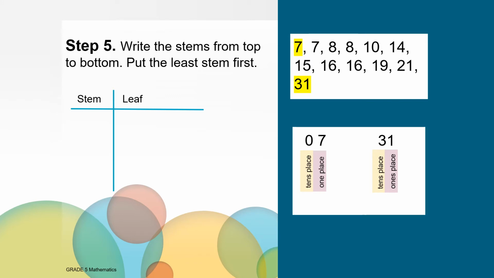There are 0 tens in the number 7, so 0 will replace the question mark. And now I can fill in my stems beginning at 0 and ending at 3 to account for the 3 tens in the number 31.